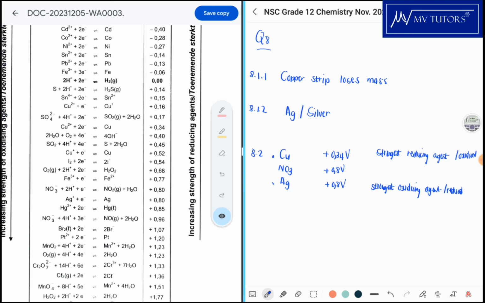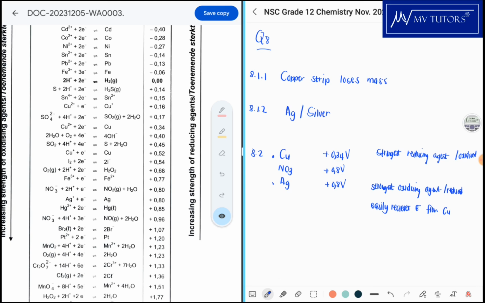So what it does is it easily receives electrons that are coming from copper, because remember, copper as it is being oxidized, it loses electrons. So silver will easily receive electrons from copper, and therefore it reduces.